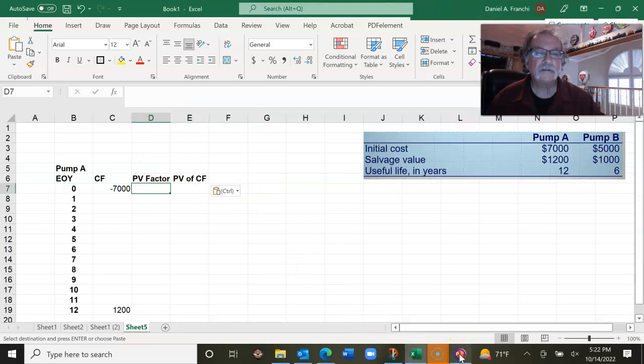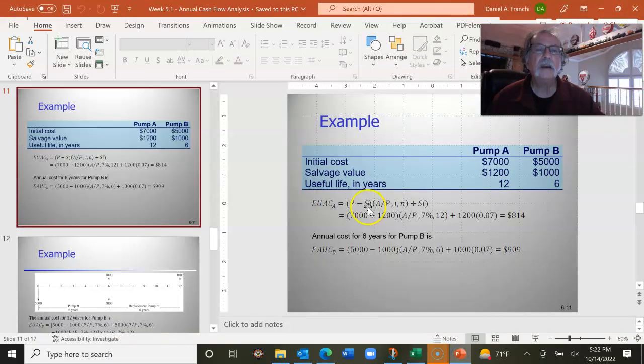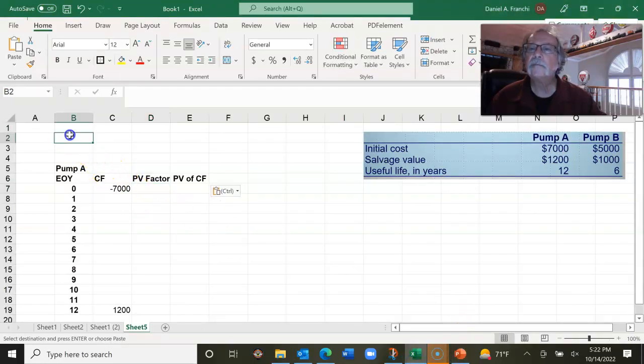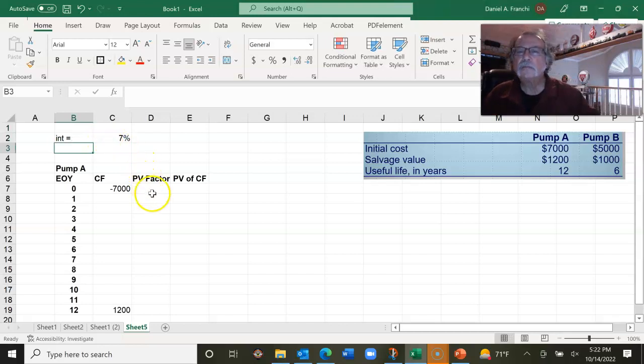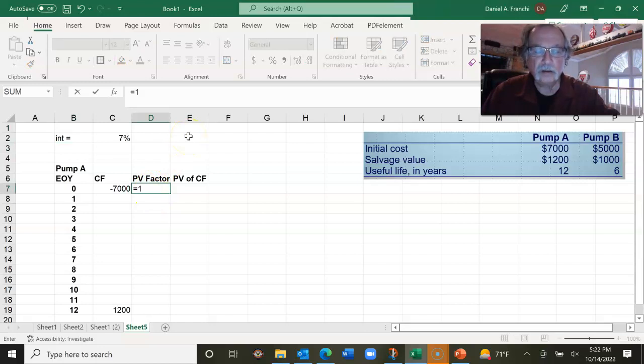Let's see, I left out the interest rates. We're going to use an interest rate of 7%. So the present value factor is 1 over 1 plus i to the n.